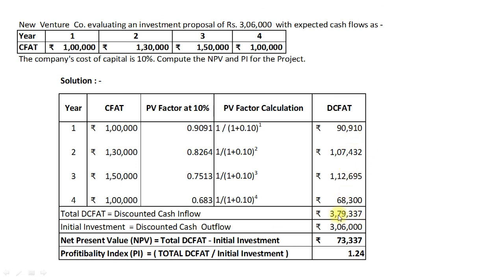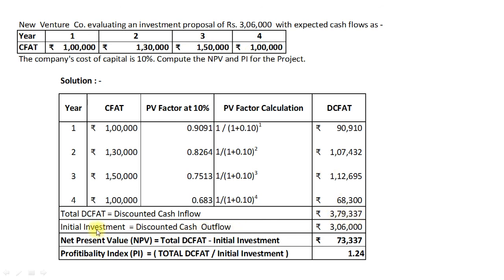Finally, we will get a total of 3,79,337. This will be considered as total discounted cash flow after tax. We can say this is nothing but the total present value of our cash inflow.